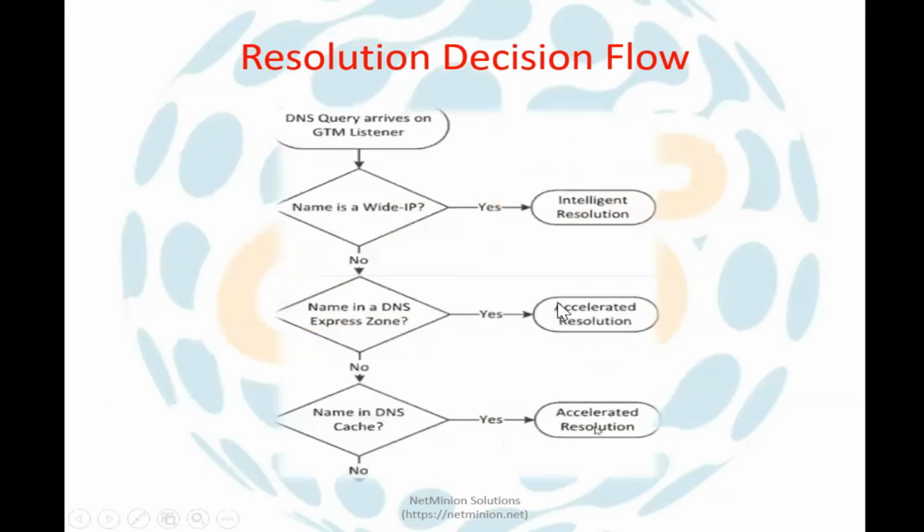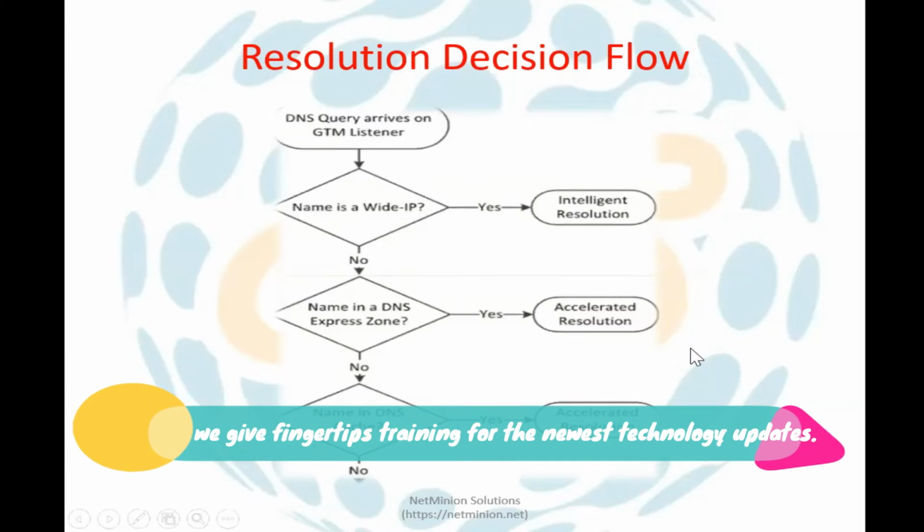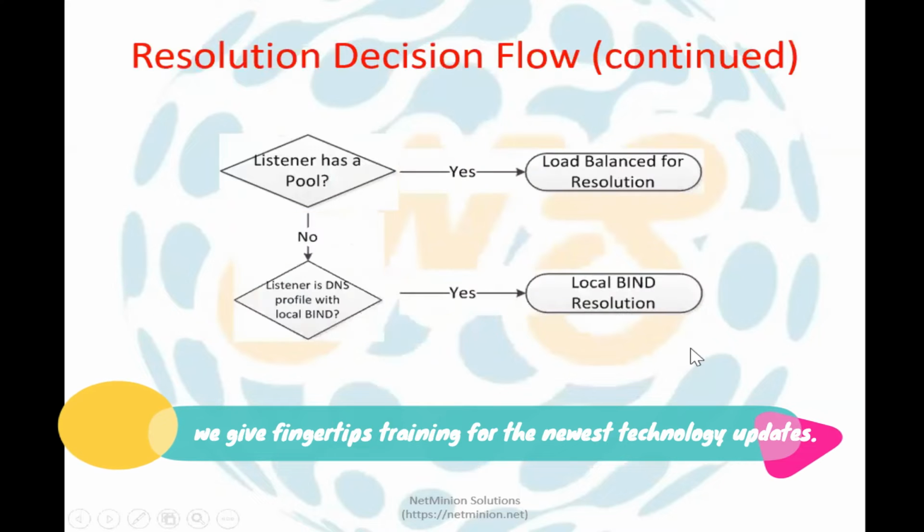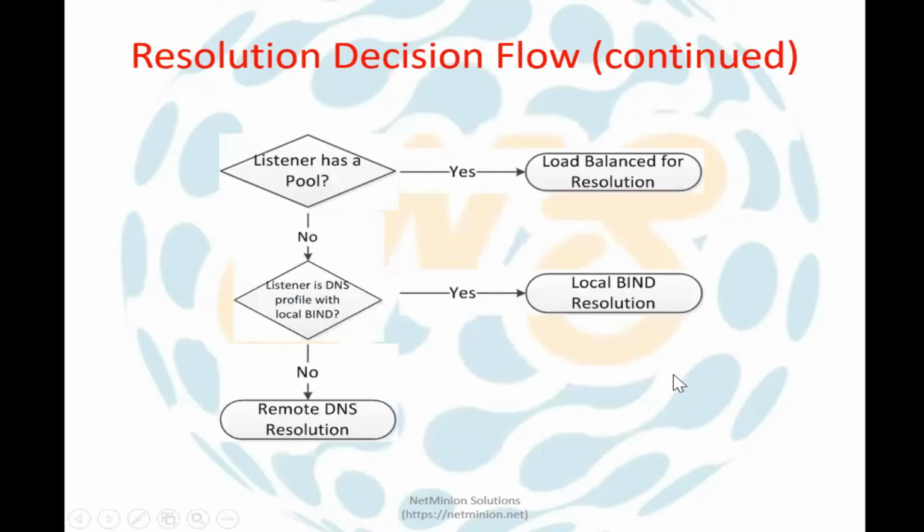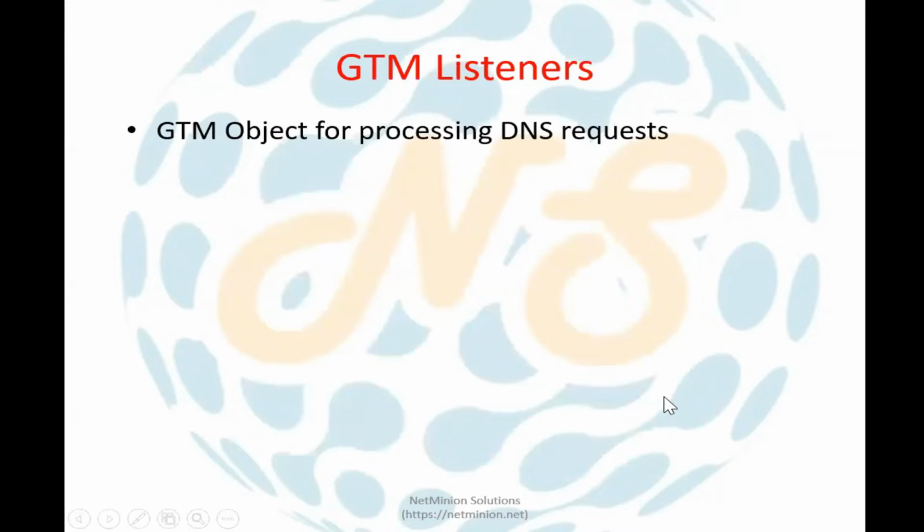That is the flow. And DNS cache will also come into the picture in these things. What is the DNS cache? Probably I will show you through the practical also. But DNS cache will also be used within this process, the same process I explained, shown here in the flowchart.